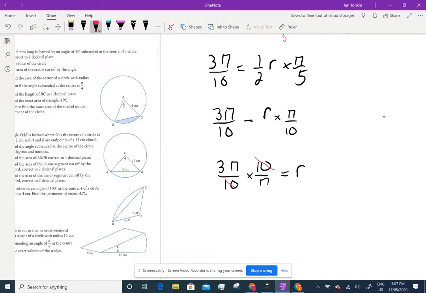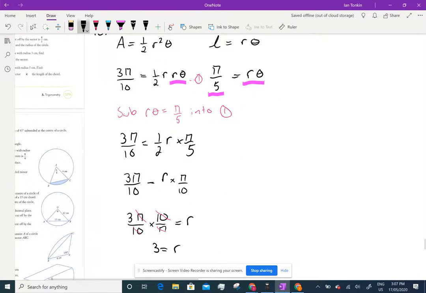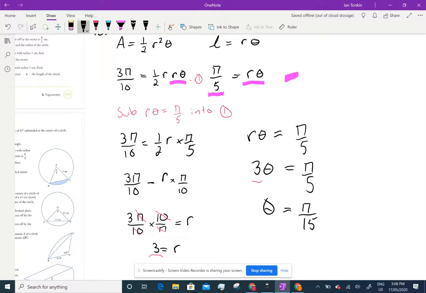They cancel, the pi's cancel, which means r equals 3. Now, if I know r equals 3, I'm just going to use this equation here to find theta. r theta equals pi on 5. So 3 theta equals pi on 5. I'll put the 3 in here. Therefore, theta equals pi divided by 3 on 15, which is pi on 15.